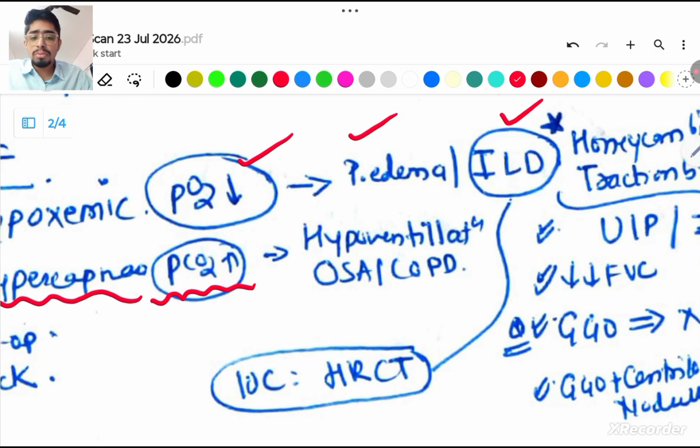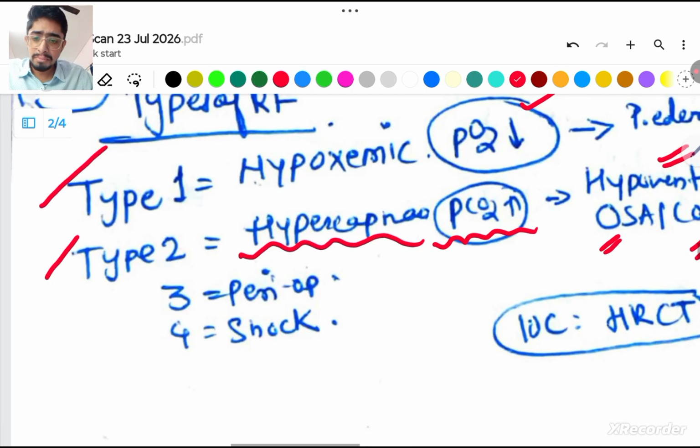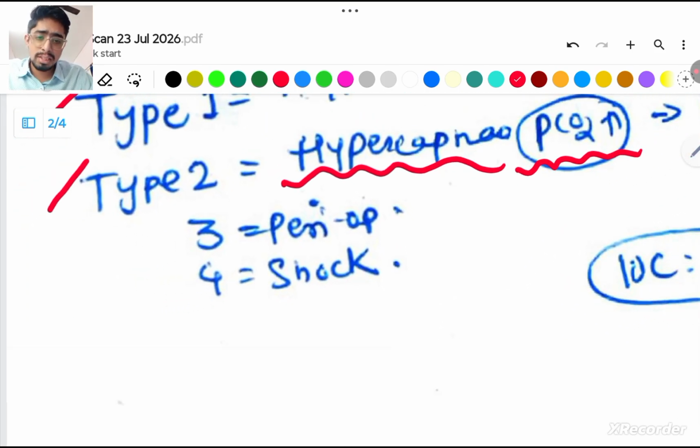You can see type 2 respiratory failure in hypoventilation, in obstructive sleep apnea, and also in COPD. Type 3 is perioperative. This can be a one-liner or a question. And if there is a case of shock with so much hypoperfusion, it is type 4 respiratory failure.